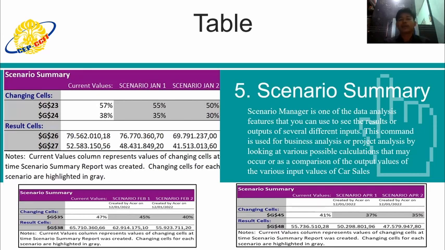Scenario manager is one of the data analysis features that you can use to see the result or output of several different inputs. This command is used for business analysis or project analysis by looking at various possible calculations that may occur, or as a comparison of the output values of the various input values of car sales.